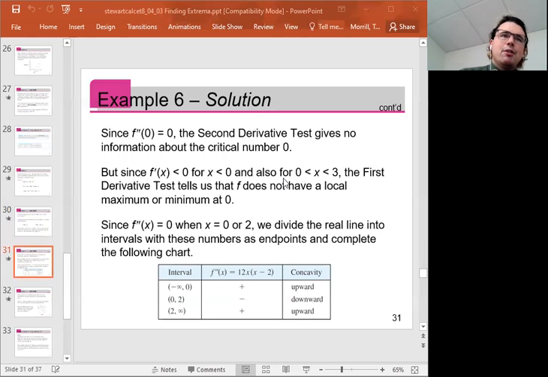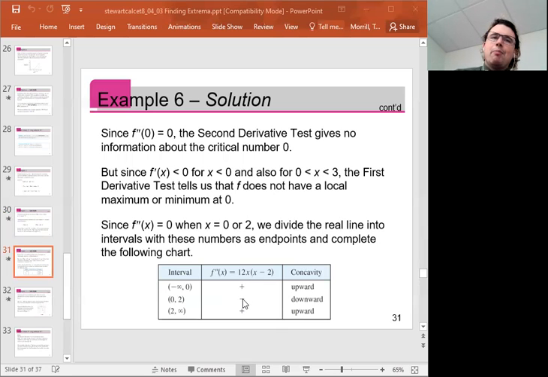Now, the last thing we want to do is check for concavity. So where are the coordinates where f double prime of x equals 0? Those are going to be 0 and 2. Does the second derivative change sign there? Yes, it does. To the left of 0, the second derivative of this function is positive.